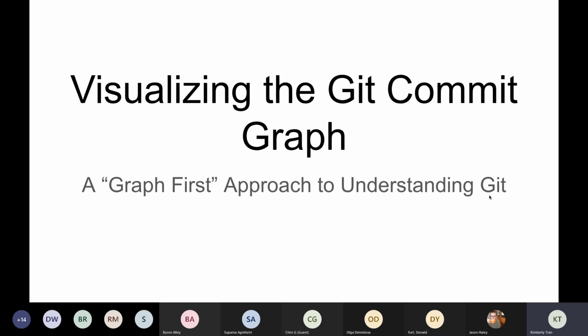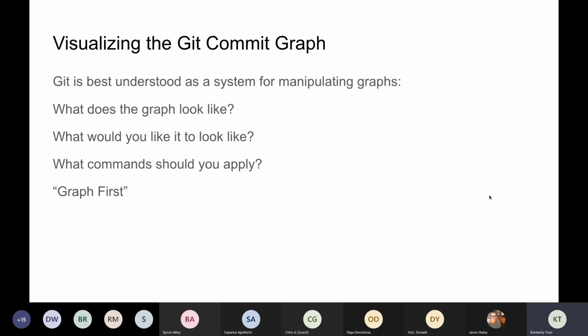there. So this tutorial, or this introduction to Git, is around the idea of approaching Git at its most native, which is a graph-first approach. Git is best understood as a system for manipulating graphs. So what does your graph look like?